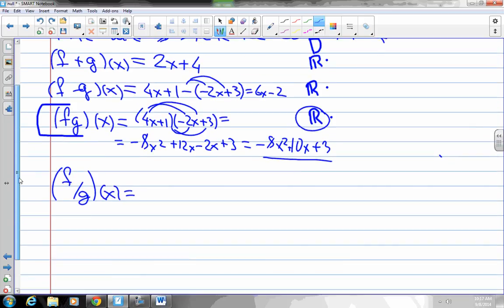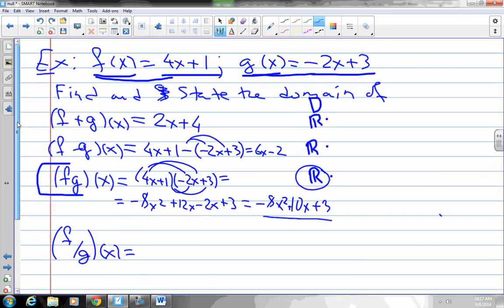But with the division, f over g, g is in the denominator, right? So you need to avoid 0. G cannot equal 0, right? So if I do a really quick equation, if I say 2x plus 3 equals 0, and I solve that, what does x equal? Yeah, 3 halves. So negatives cancel, so 3 halves.